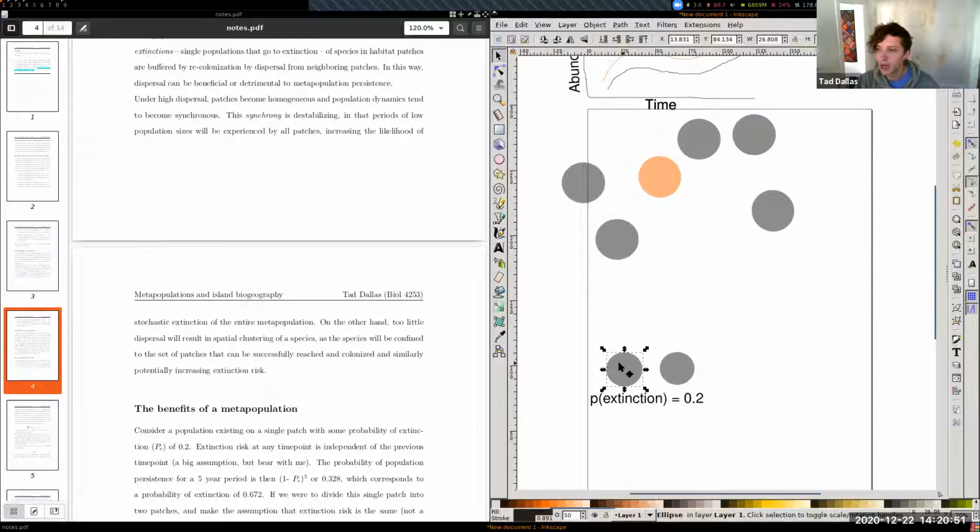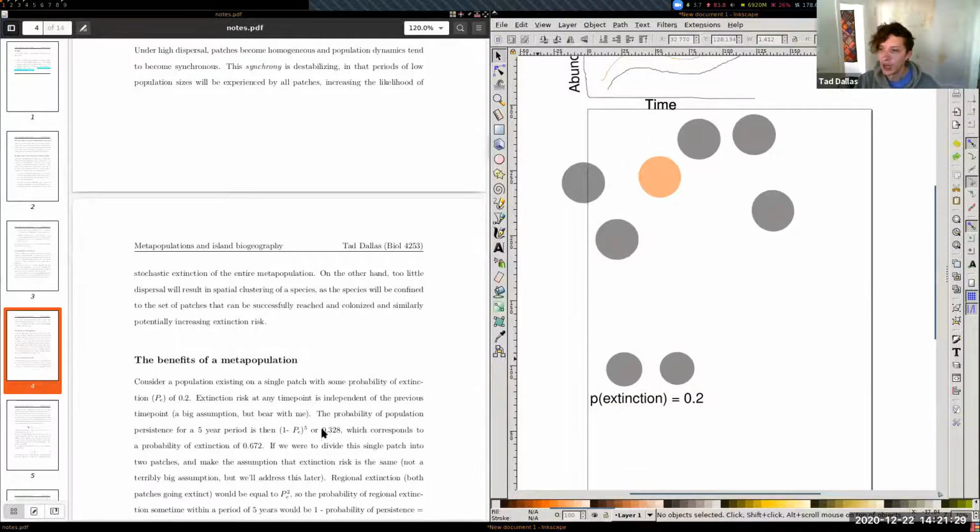At any given time, even if one goes extinct, if this one were to go extinct, you would still have this one potentially non-extinct, right? So now the probability that both patches would go extinct at time t is equal to 0.2 squared, or 0.2 times 0.2.